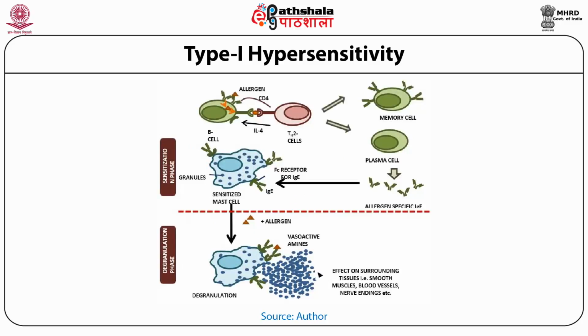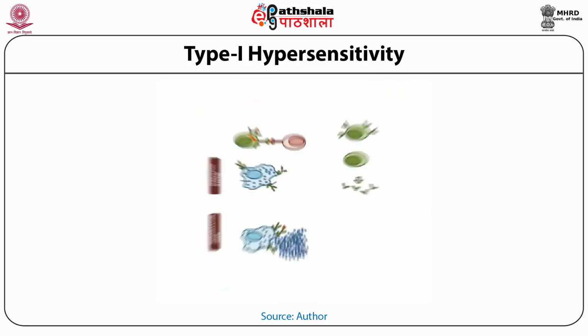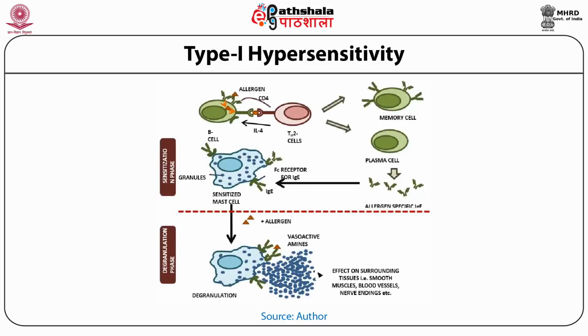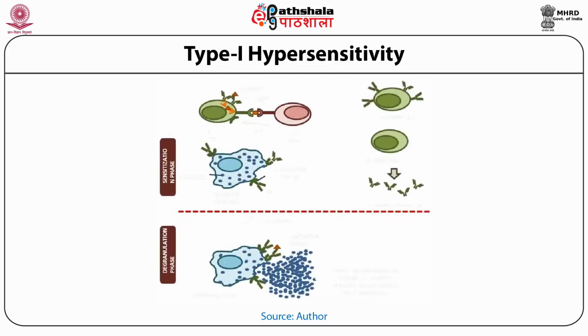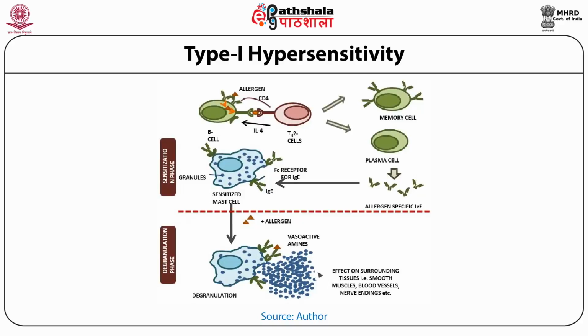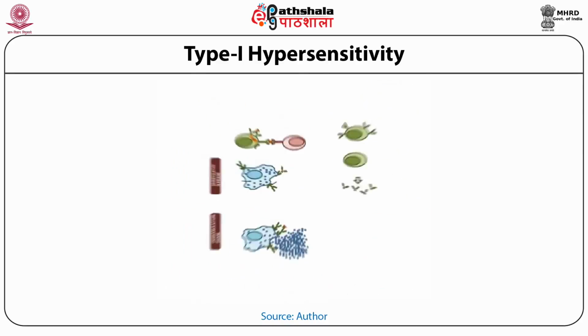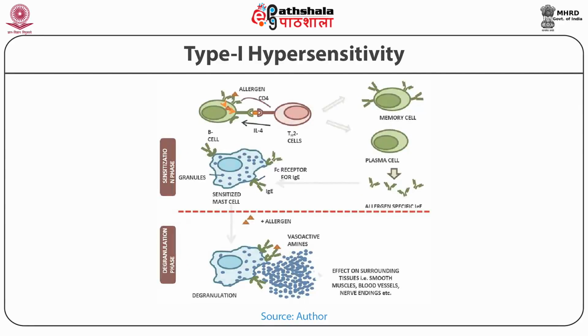The clinical manifestations of type 1 hypersensitivity include systemic anaphylaxis or localized anaphylaxis, including hay fever, hives, eczema, asthma, food allergy, etc. A general type 1 hypersensitive reaction is shown here.